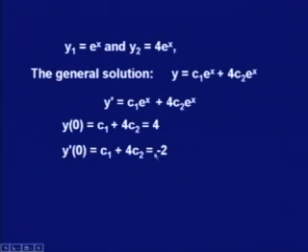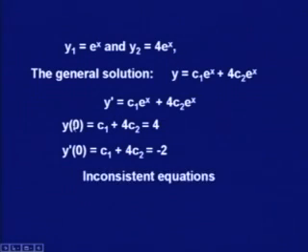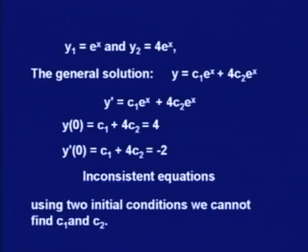Now, you see, I have got two equations which are not consistent. That means I cannot find the solution of these. I cannot find C1 and C2 which satisfy these two equations. What it says is that, given the initial conditions, I cannot find the values of C1 and C2. What is the problem?